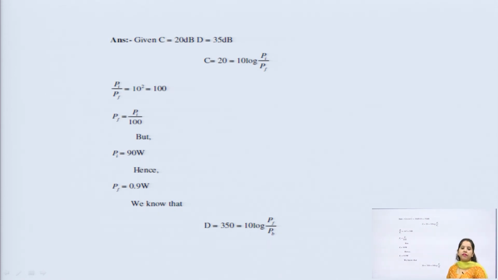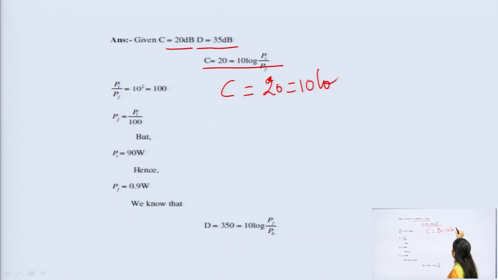C, which is our coupling factor, is equal to 20 dB and directivity is equal to 35 dB. So, C is equal to 20 and it is equal to 10 log to the base 10 Pi upon Pf, and what is Pf here?